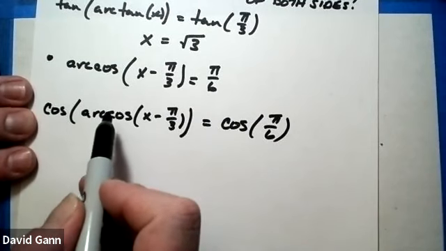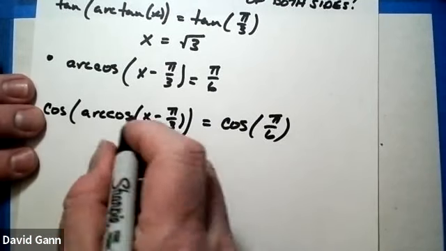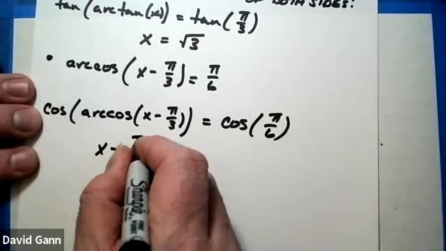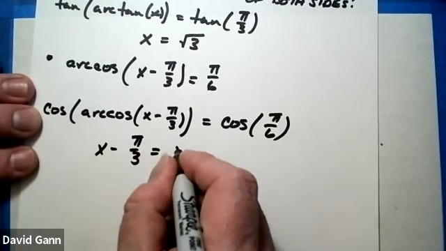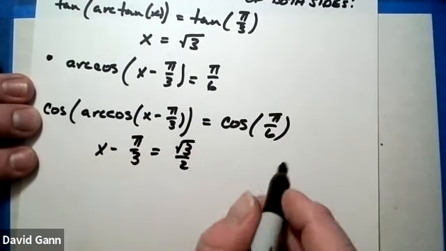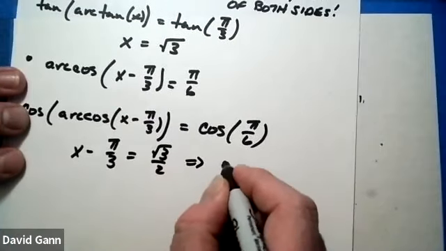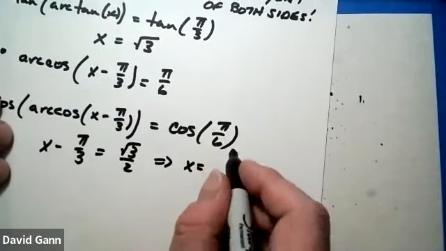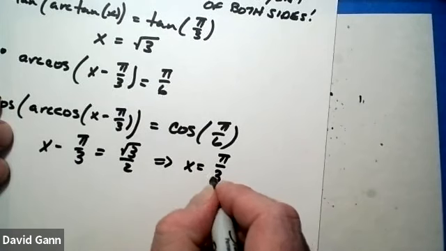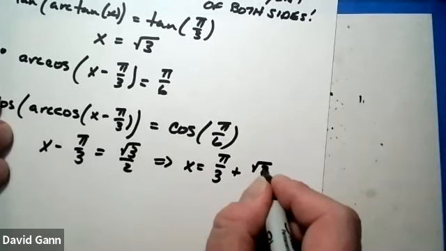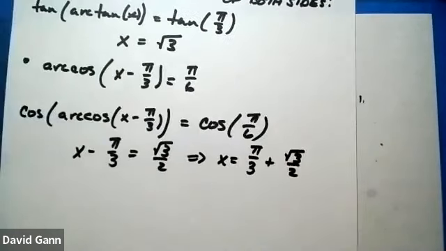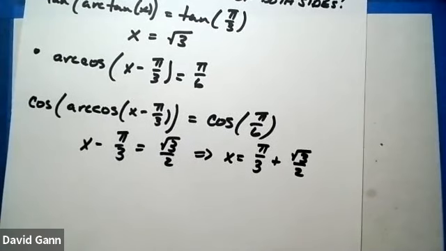And when we take the cosine of the arc cosine, this just comes out. So we have x minus pi over 3 equal to root 3 over 2, which gives us the result that x is equal to pi over 3 plus square root of 3 over 2, which is kind of a weird sort of result, but so be it.